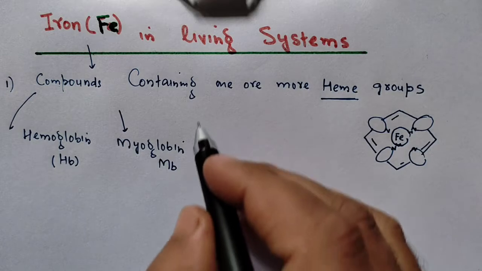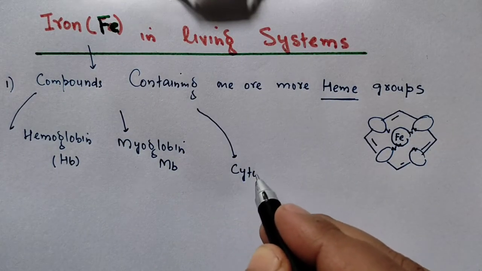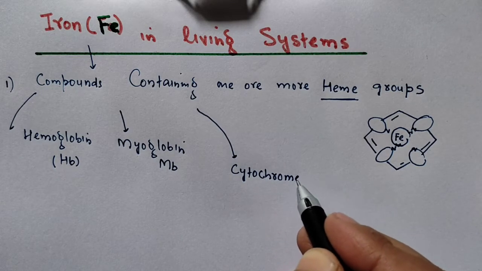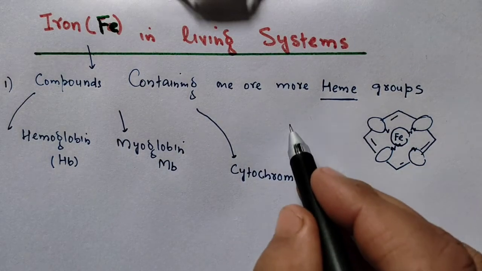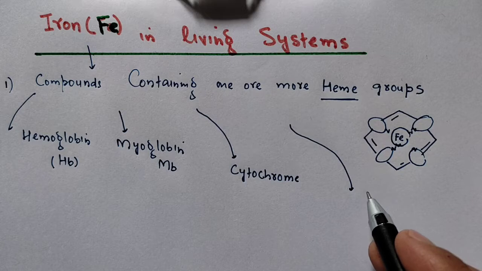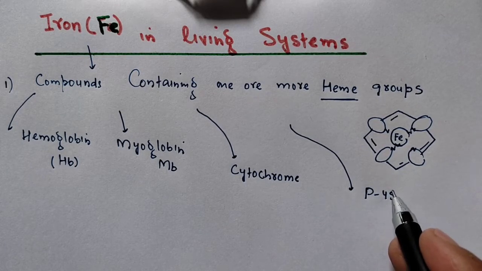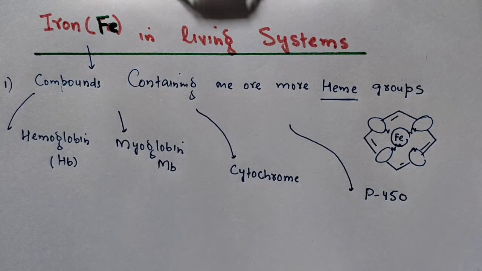Then we have one more, called cytochromes. They also contain this heme group. And then we have P450, also called cytochrome P450.